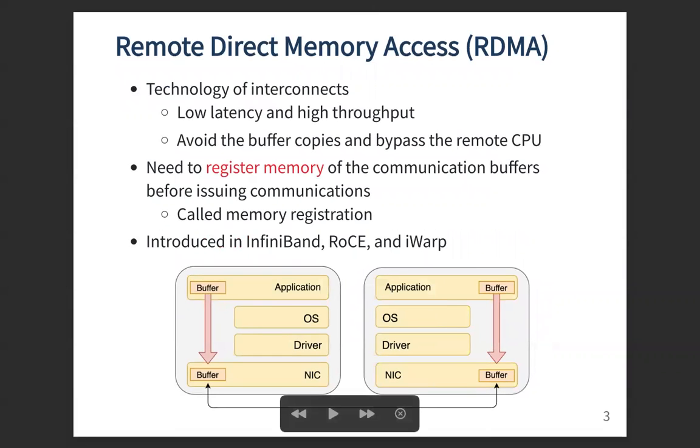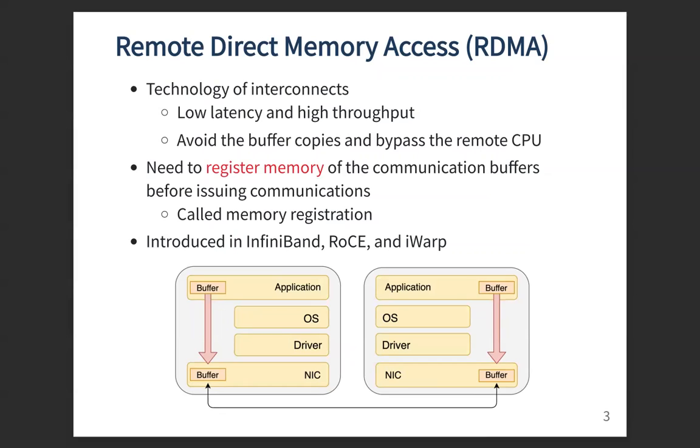Remote direct memory access, RDMA, is one of the interconnect technologies for low latency and high throughput. RDMA enables us to avoid the buffer copies and bypass the remote CPU. Please look at the figure below. The conventional communication stack is composed of many layers, and you need to copy the contents of buffers between each layer.